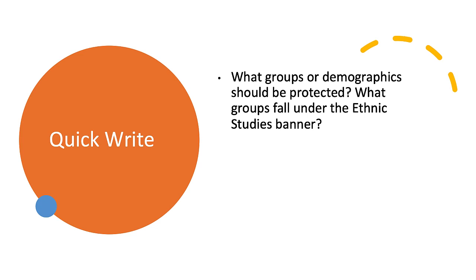And this could be any demographic, any population in the United States. The second one here is what groups fall under the ethnic studies umbrella or banner. You know, there are many of them. There's 4 main ones, but many others can also be included. So just jot down some notes, some ideas on who you think these people are, culturally, and how they fit into ethnic studies. All right, and I will be back. Begin the video again when you would like.